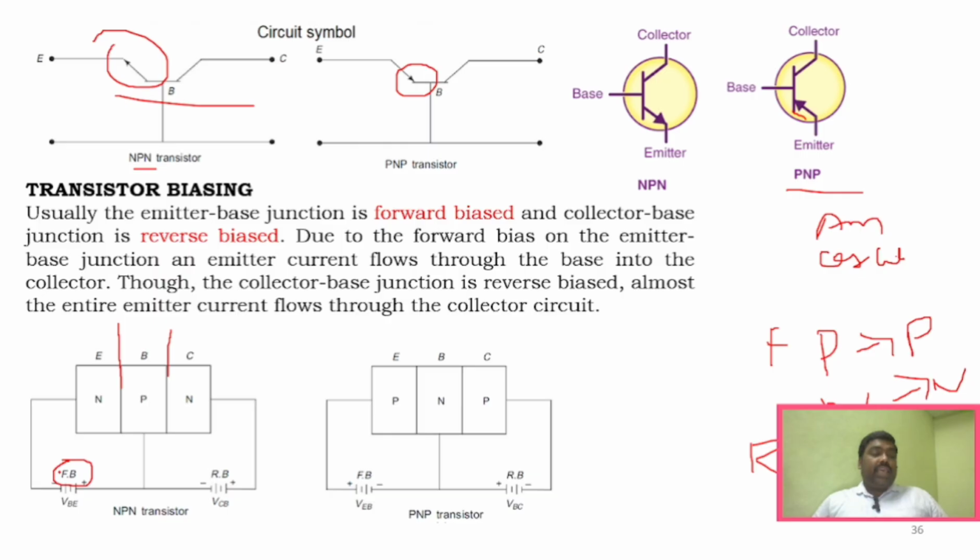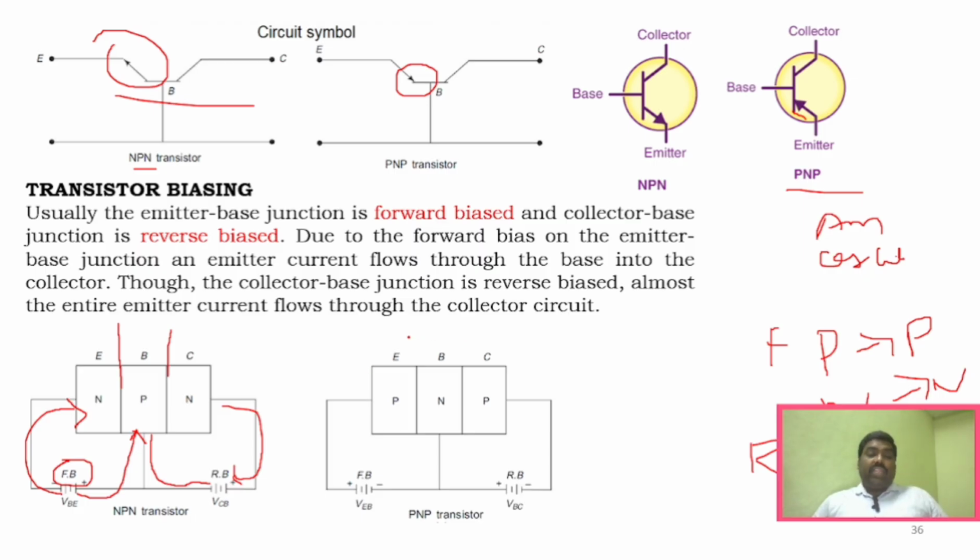So you can see here, this is an NPN transistor, where for the forward biased junction we are giving the negative terminal to the N side and the positive terminal to the P side, which is forward biased. Similarly here, this junction has to be reverse biased, so the P side is connected to the negative terminal, whereas the N type is connected to the positive terminal. Similarly, it can be NPN or PNP.